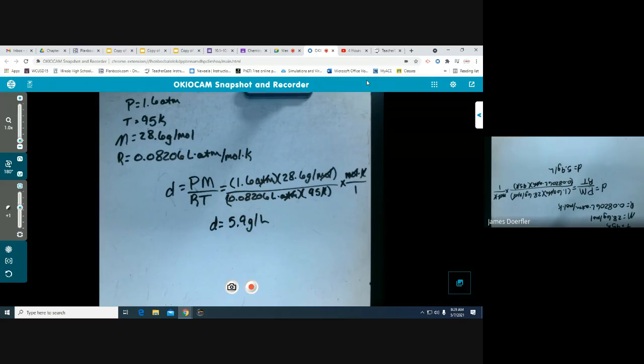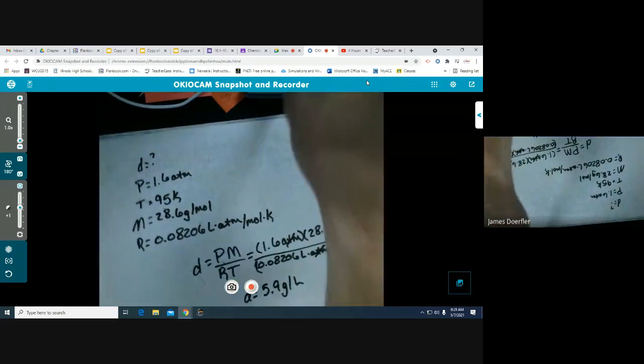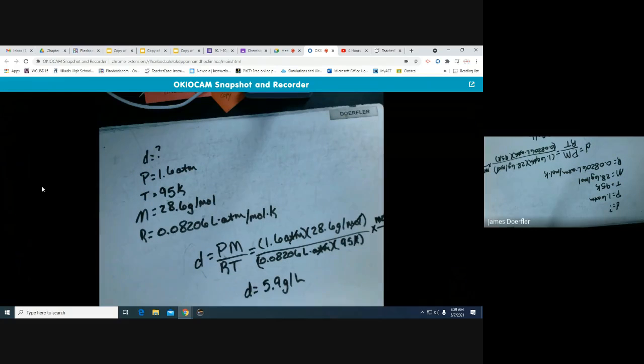I got 5.9. You got it? Awesome. So again, very similar to before, once you make sure you got everything in the appropriate units, set up your equation correctly, plug them in, solve.